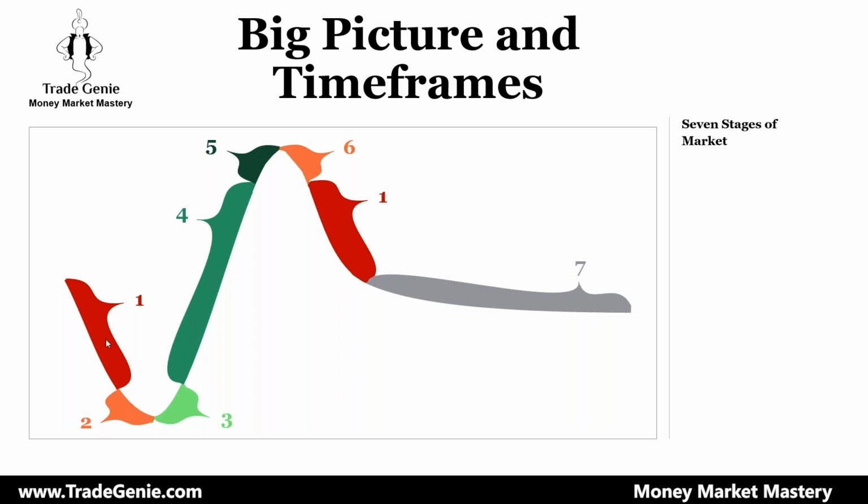When the market reaches the bottom of stage one, it doesn't want to go down, so it creates a stage two. How you can recognize stage two: the market goes down one day and then goes up, and then goes down one day and then goes up, and the volume dries up. There's no participation.